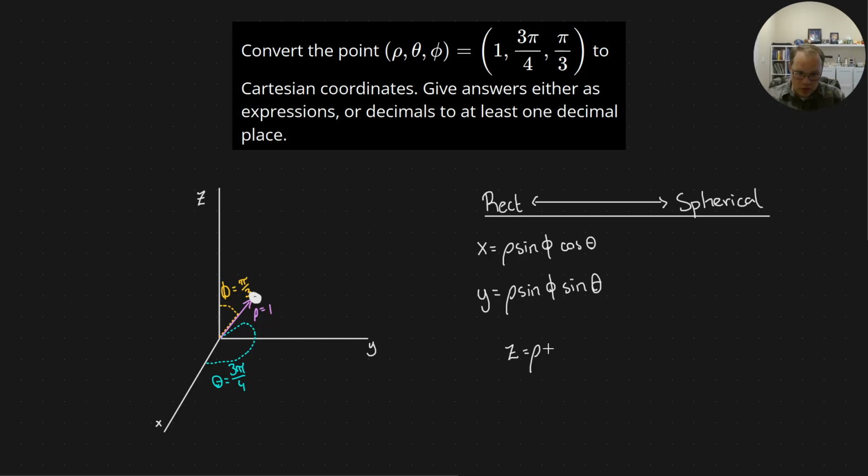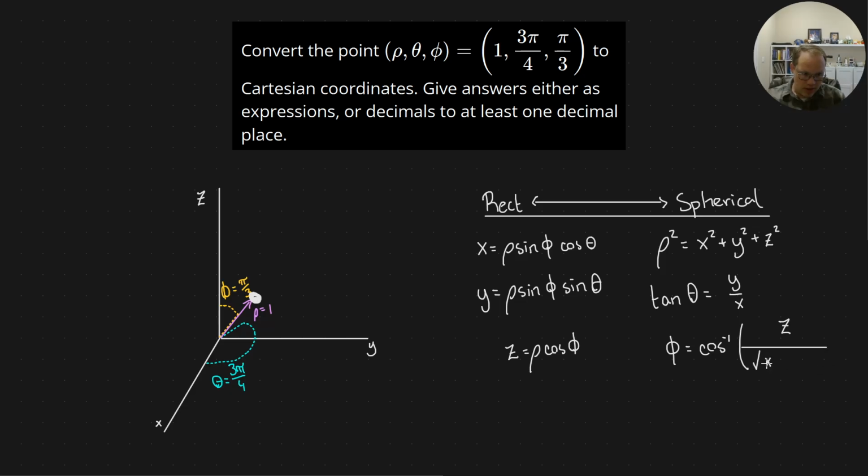Z equals rho cosine phi. Rho squared equals x squared plus y squared plus z squared. Tangent of theta is y over x. And phi is arc cosine of z over square root of x squared plus y squared plus z squared.